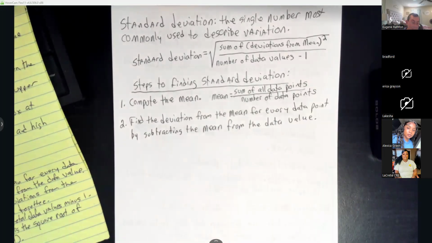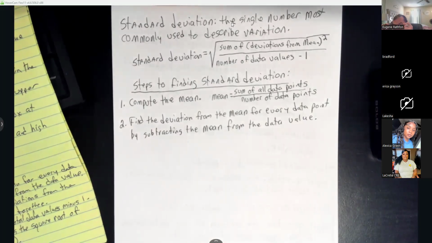So y'all, what that means, if your data point is lower than the mean, you're going to get a negative number for that. If your data point is higher, then you'll get a positive number for that, okay?